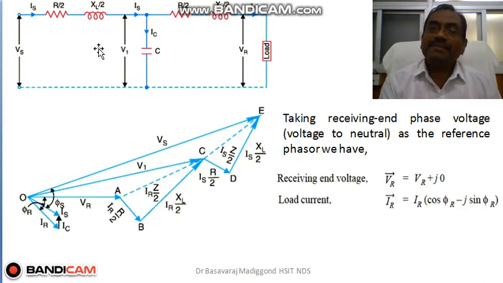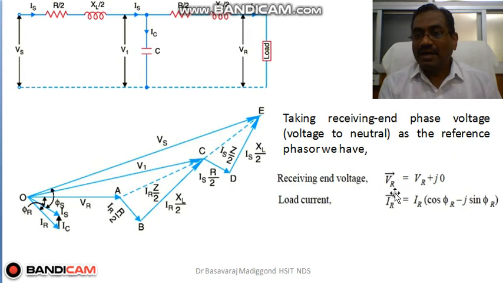If you add V1 and these two drops, you will get Vs. I have taken the receiving end voltage as reference, therefore the vector VR is equal to VR plus j0.